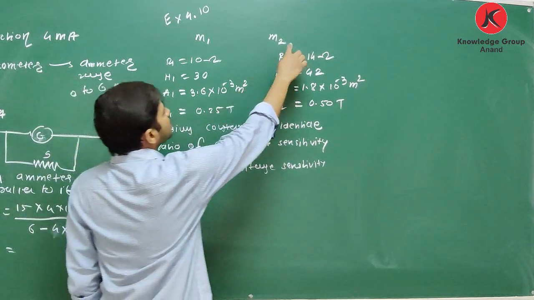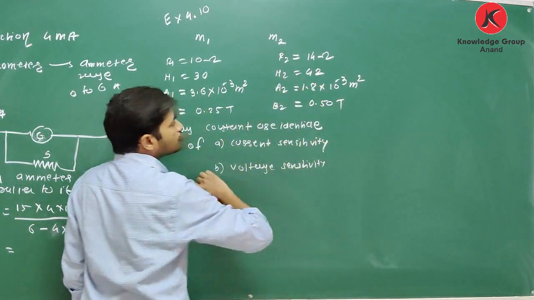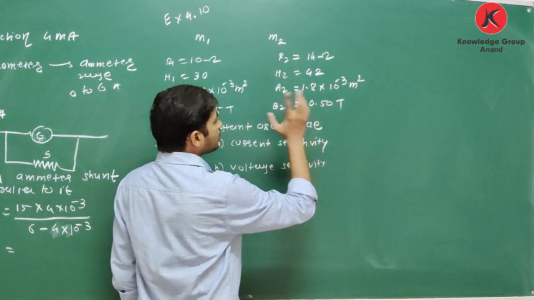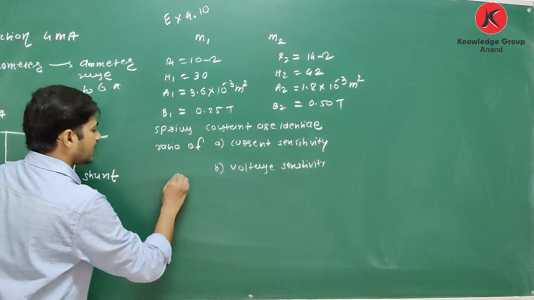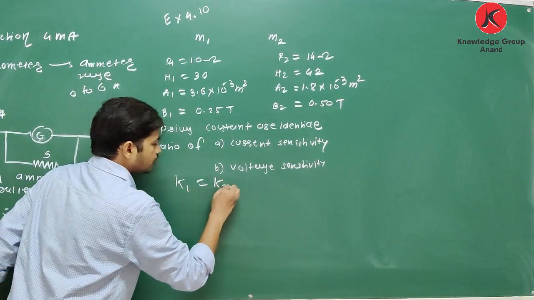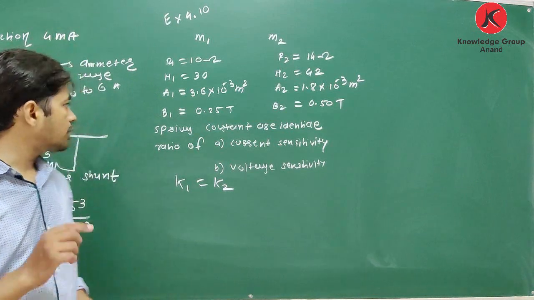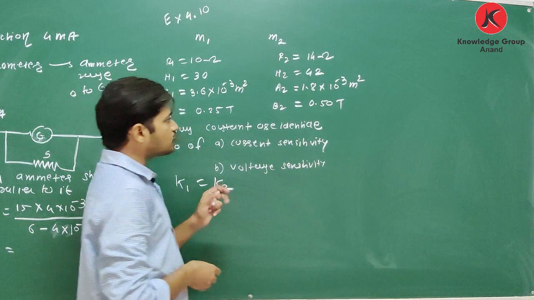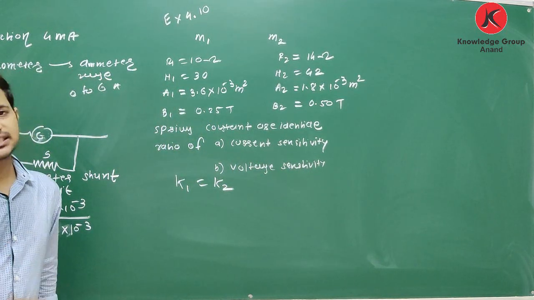While in another coil, resistance 14 ohm, number of turns 42, area 1.8 into 10 raised to minus 3, magnetic field 0.50. Spring constants are identical, means I can write K1 is equal to K2. Clear about this? Okay. What is the question? Find the ratio of current sensitivity and voltage sensitivity.